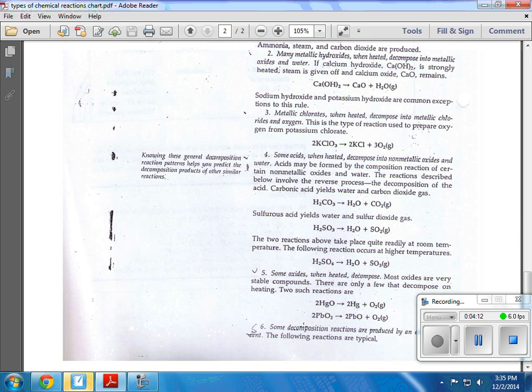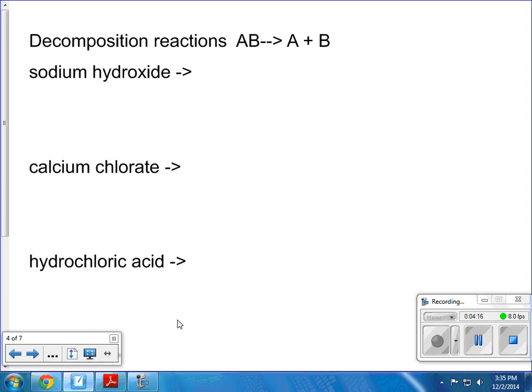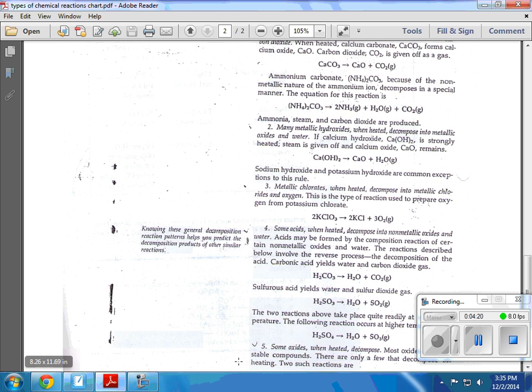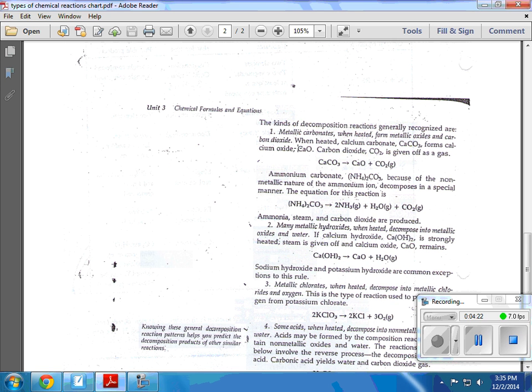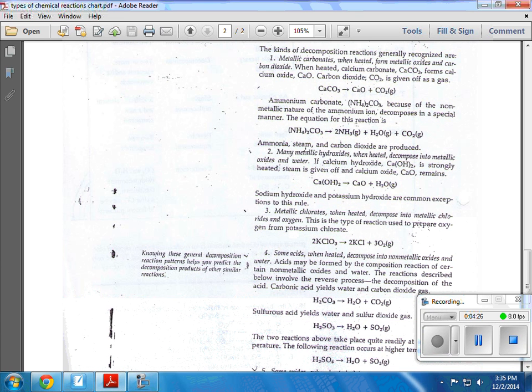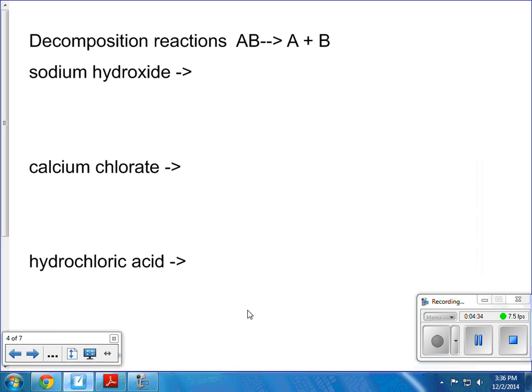It tells you what to do with that type of reaction. So our first one is sodium hydroxide. If we go back to our chart and we look up the rules for hydroxides. Number 2, many metallic hydroxides, when heated, decompose into metallic oxide and water. So on this one, our product's going to be metallic oxide and water.